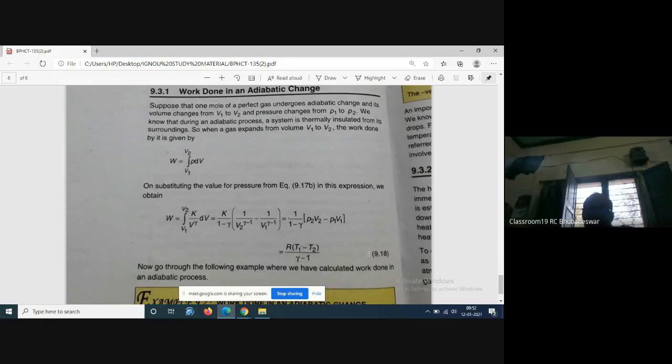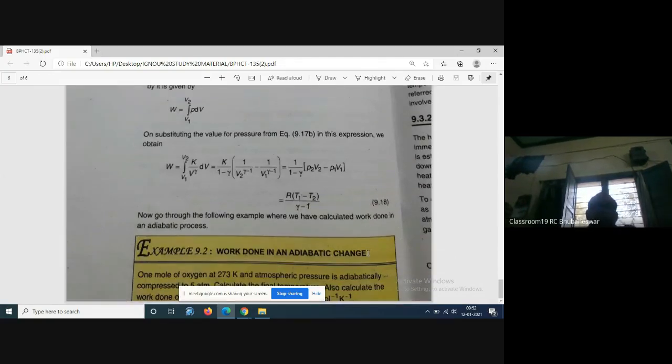K by V to the power gamma dV, then we can write dV by V to the power gamma. You can take this integration as V to the power gamma minus 1, and put the limit, and we will reach this relation: R(T1 minus T2) by gamma minus 1.